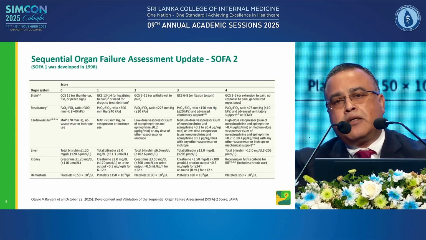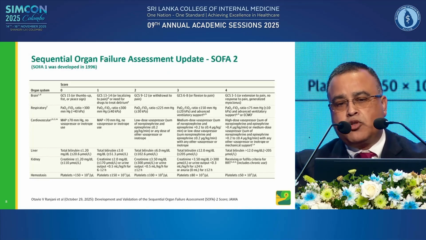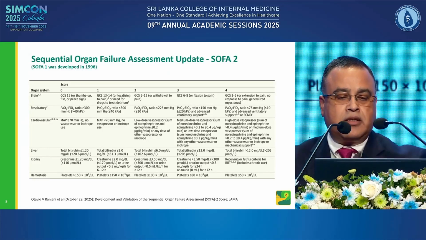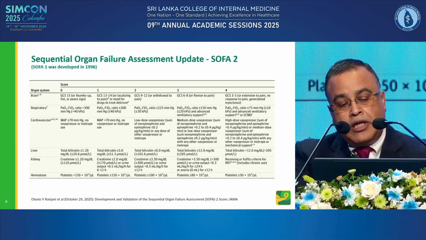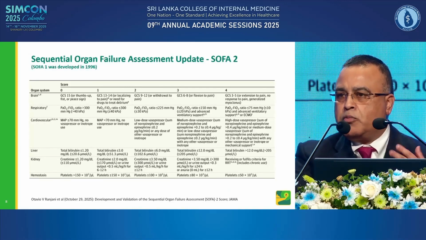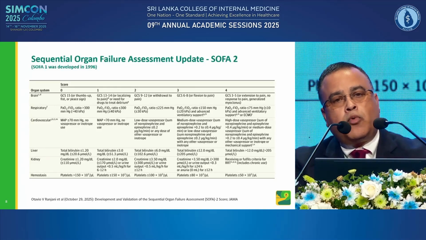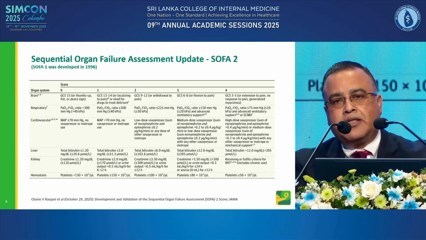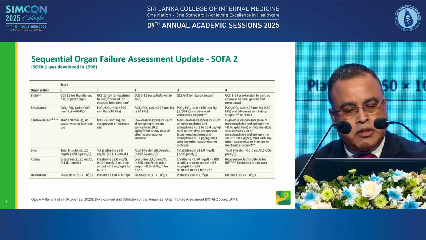As I said, the 2016 definition was based on variables from 1996 called Sequential Organ Failure Assessment, sepsis-related. Only in, I think, the last week of October, SOFA 2 came out. So it's almost 30 years that this SOFA has been changed. What they have included are newer targeted therapies like ECMO and also variables which were not present in the initial assessment.